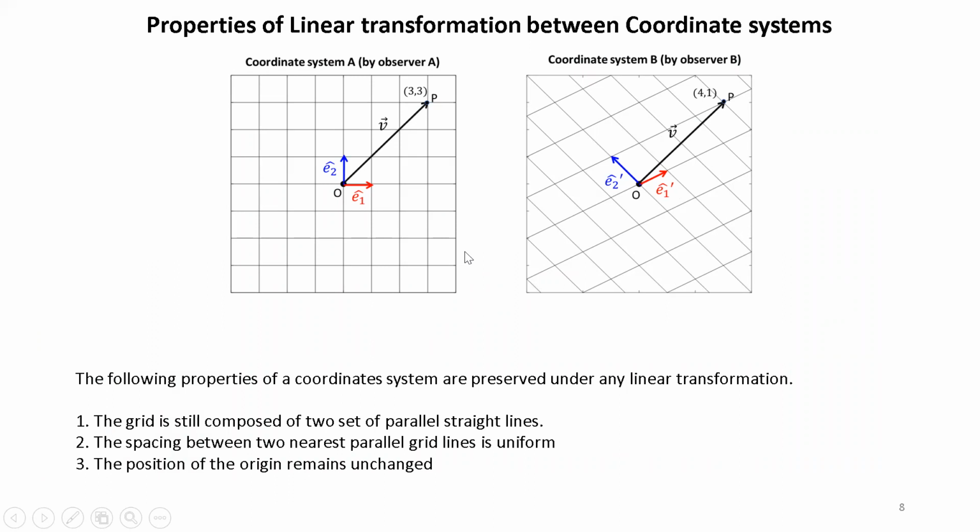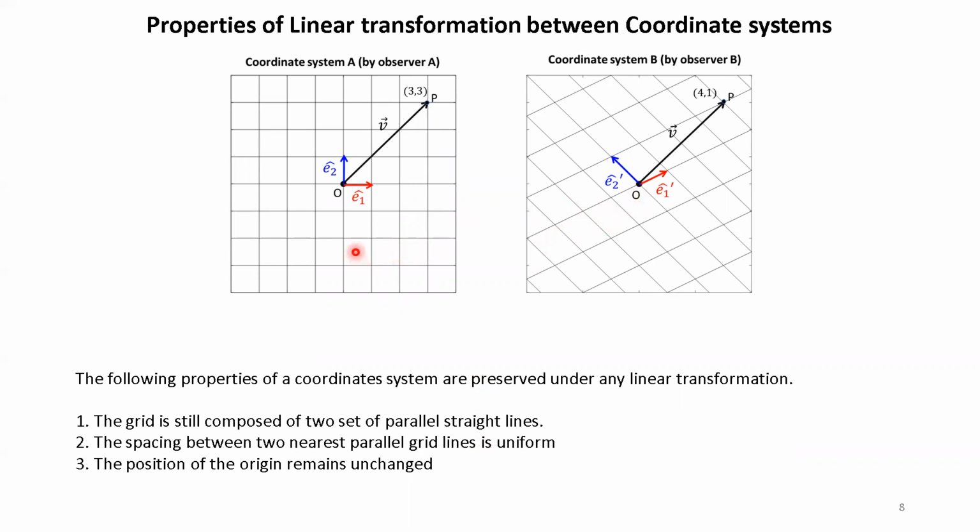After the linear transformation, the two sets of grid lines change direction, and the spacing might also change. However, it is still two sets of parallel straight lines, and the spacing between the nearest parallel grid lines will remain uniform.